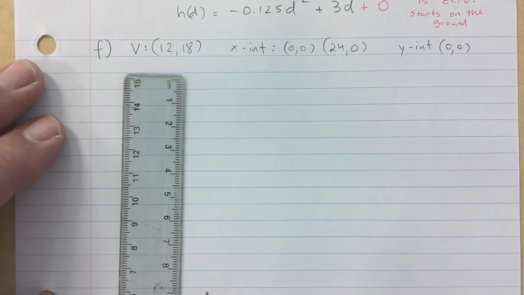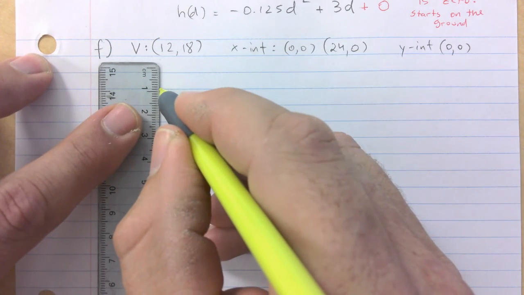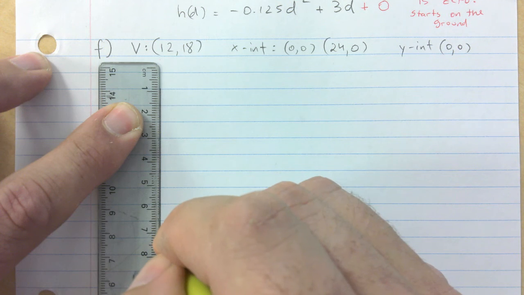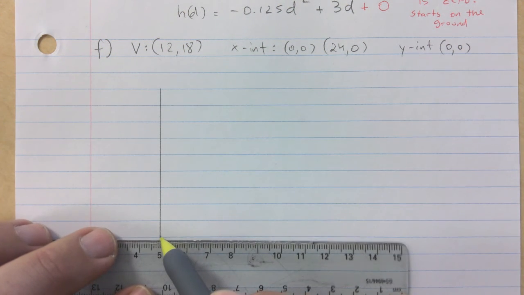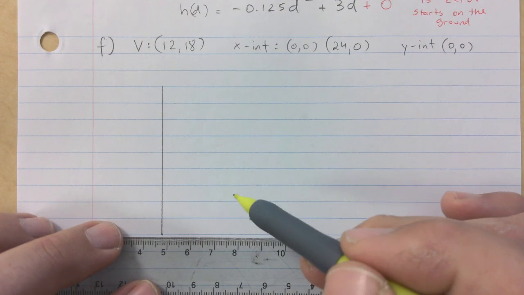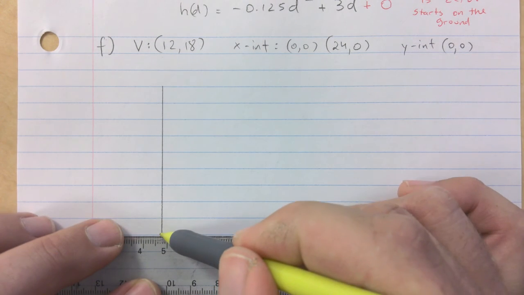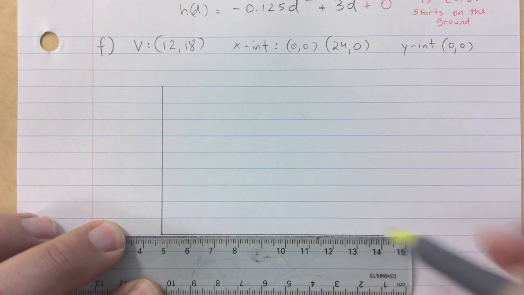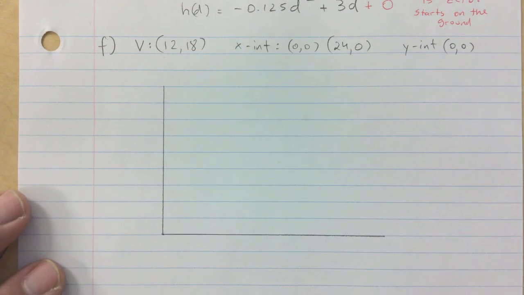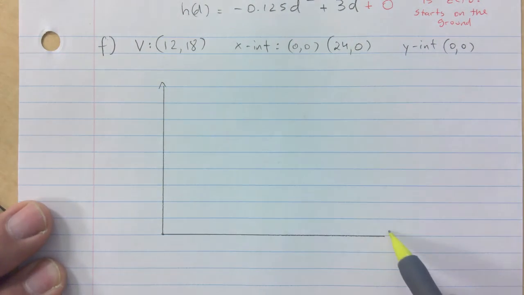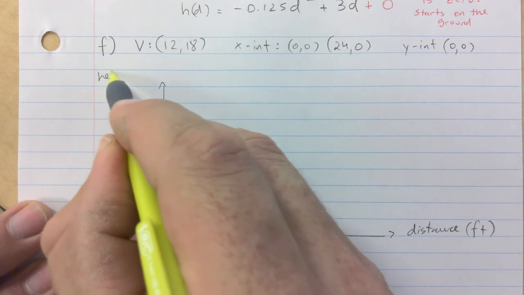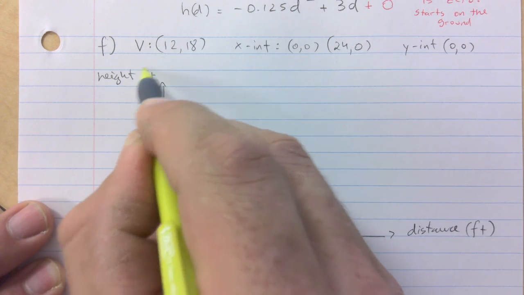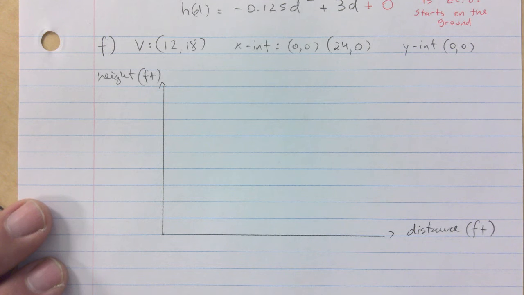I know that I'm bound to the first quadrant. So don't be shy, don't make a tiny graph that's hard to read. Just use up a couple lines, okay? I'm going to say this is distance in feet. Do that first, that way you're not going to lose marks there.